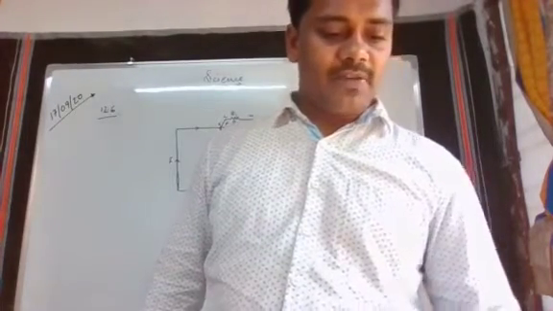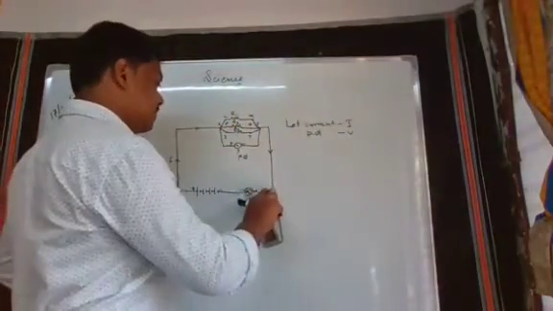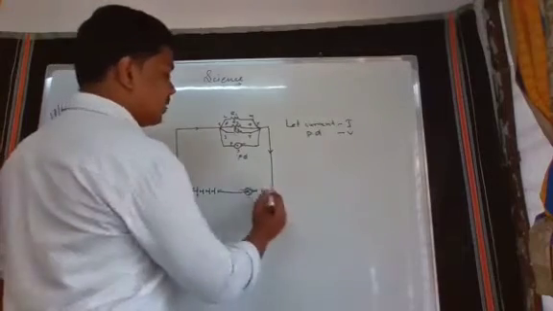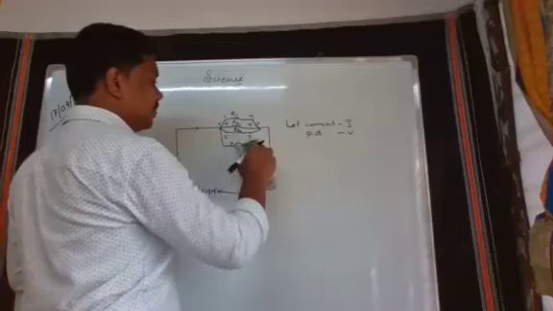Take out the plug from the key. Remove the ammeter and voltmeter. We are taking the plug from the key, and we are removing the voltmeter and the ammeter.